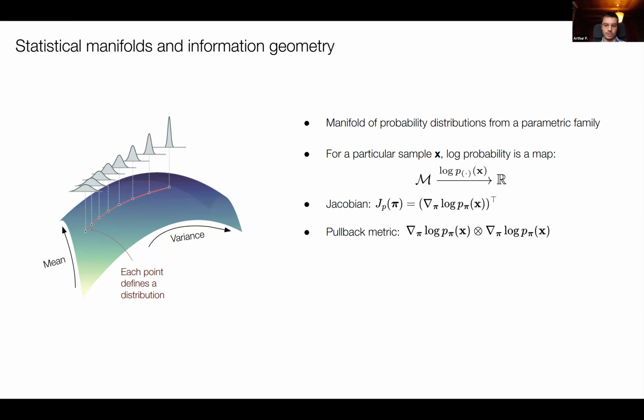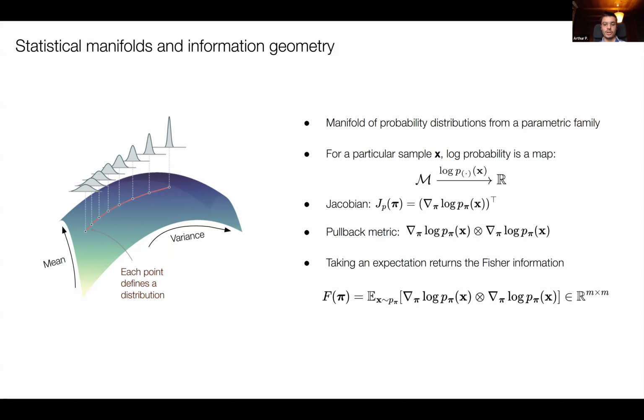Here, because the Jacobian is just a row vector, it's just an outer product of vectors. And then if I take an expectation over the particular samples X, I just get the Fisher information. So the expected pullback metric of a probabilistic model is just the Fisher information of a model.